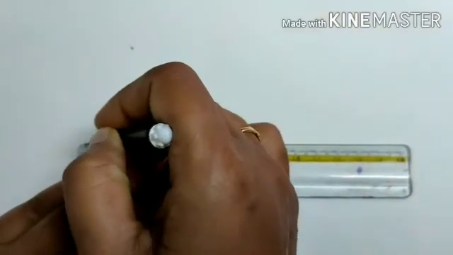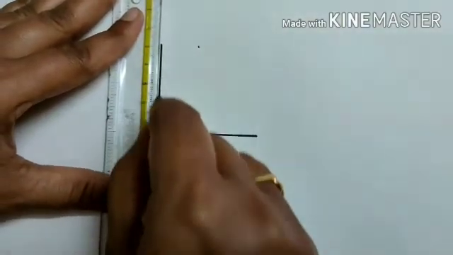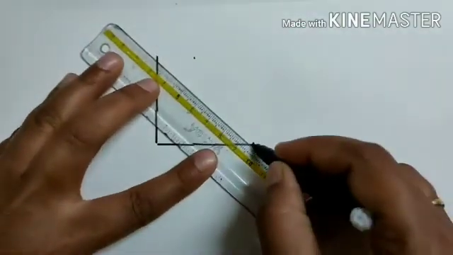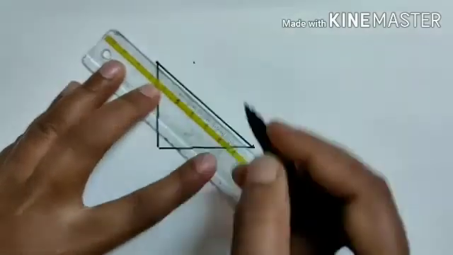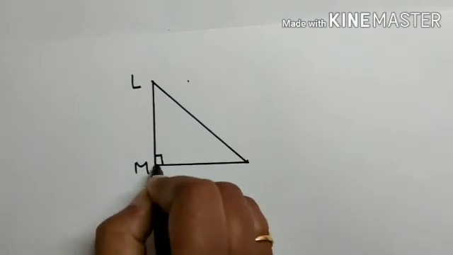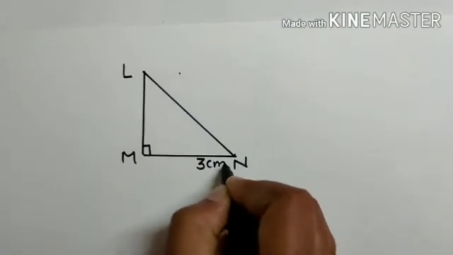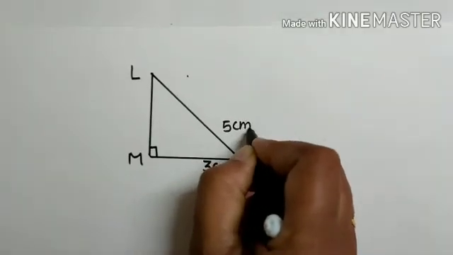Let's draw the rough figure using the given information. As angle LMN is of 90 degrees, we draw a right angled triangle approximately and mark the right angle. Mention the lengths in the figure.